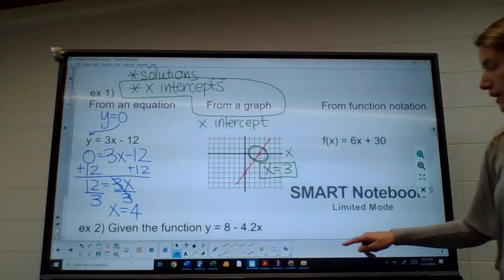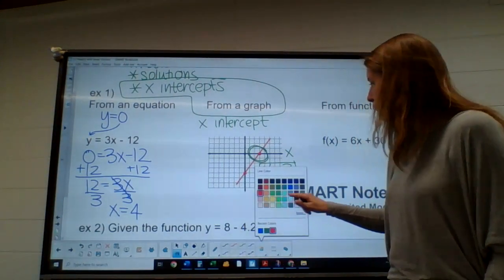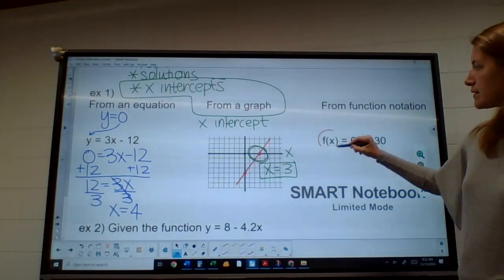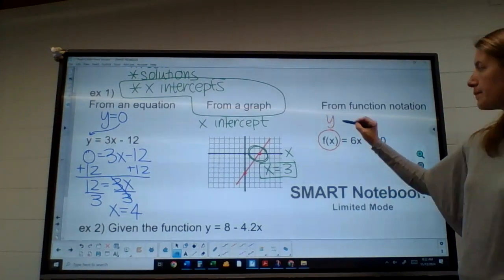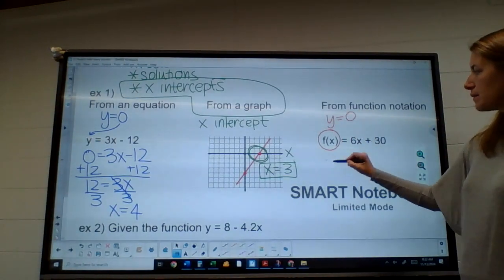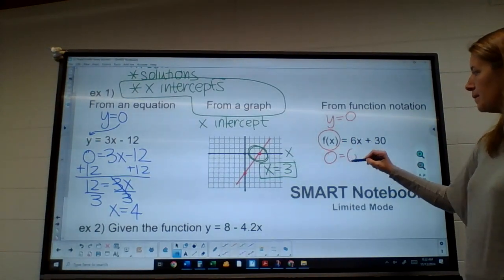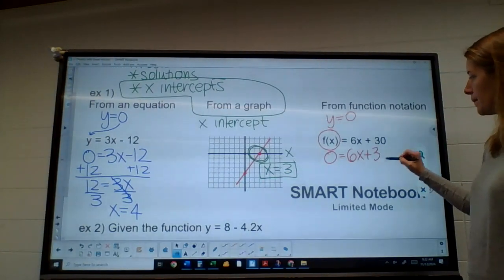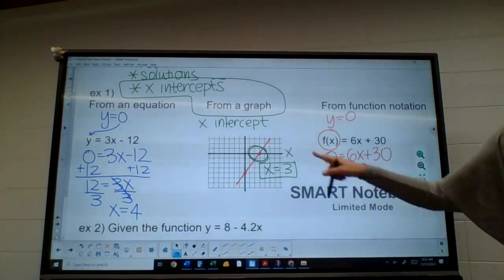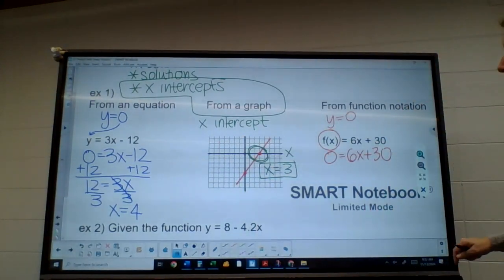And then our last one here is for function notation. And if you recall, f of x is really like the same thing as y. And we're saying that equals 0. So we're just going to solve again like we did over here. So we're going to solve for x.